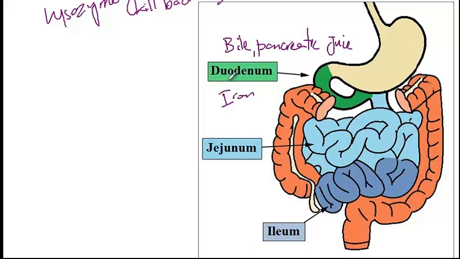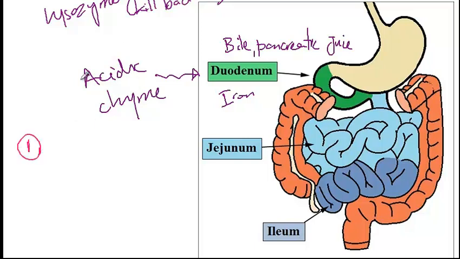But then one other important function of duodenum is that because all the acidic chyme from the stomach has entered the duodenum, even though the pancreas releases bicarbonate into duodenum, there is still increased risk of damage to the duodenum. And so in order to prevent self-digestion from acidic chyme of the stomach, duodenum has three main functions.